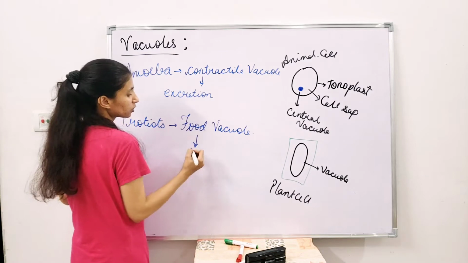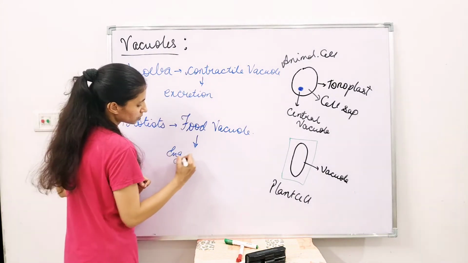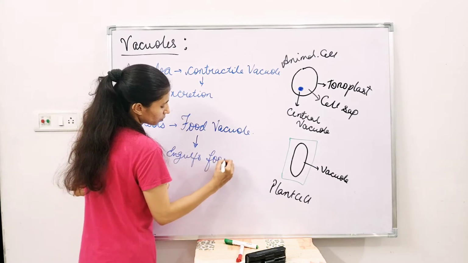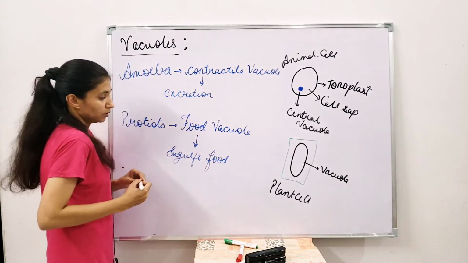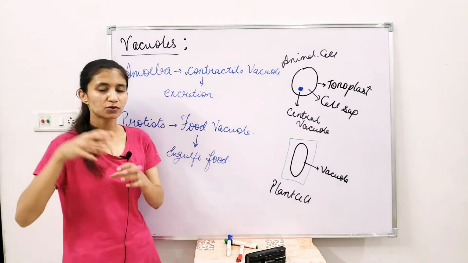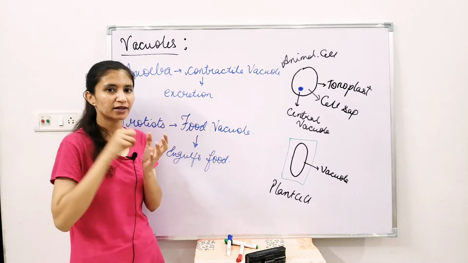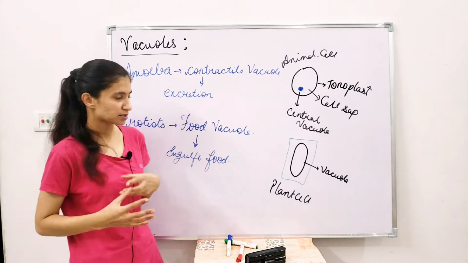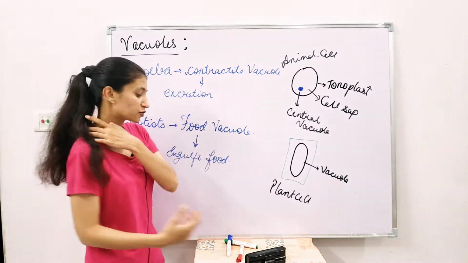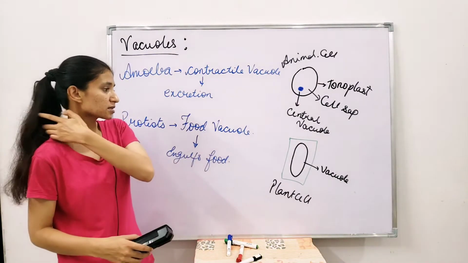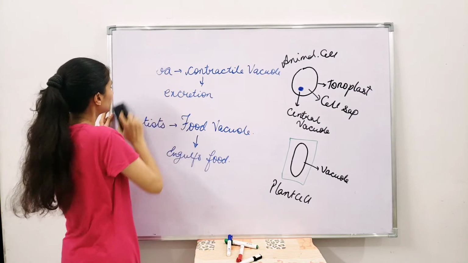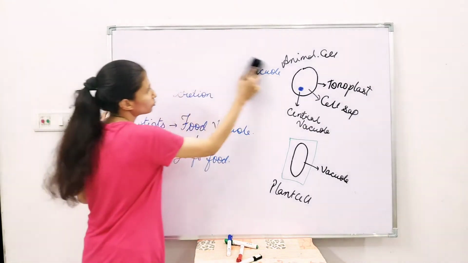What this food vacuole does is it engulfs food, which means, because again it's a single cellular organism, it will engulf the food from the environment and take it in, and the digestion process starts. So there are these two types of vacuoles which you will find in amoeba and in protists.